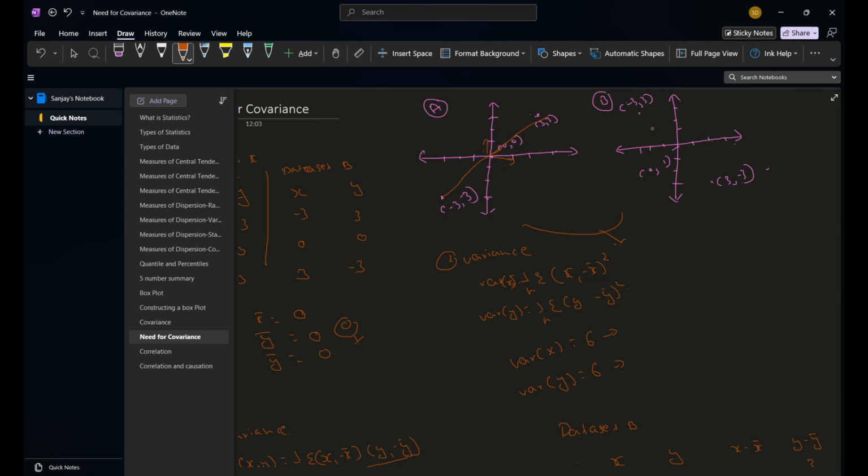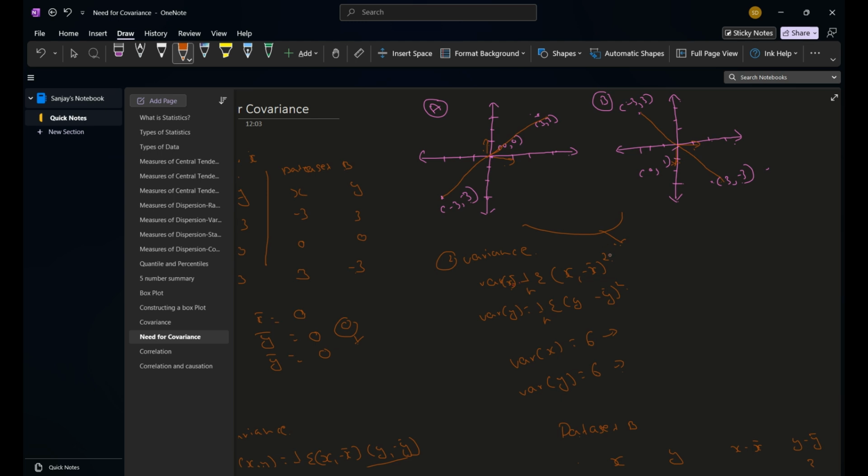But in dataset B, there is a negative linear relationship between x and y, because if one variable is increasing, the other variable is decreasing. So this is the problem that covariance solves. We get the nature of the relationship between the two variables with the help of covariance.